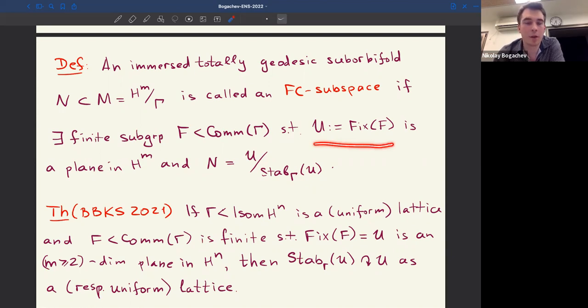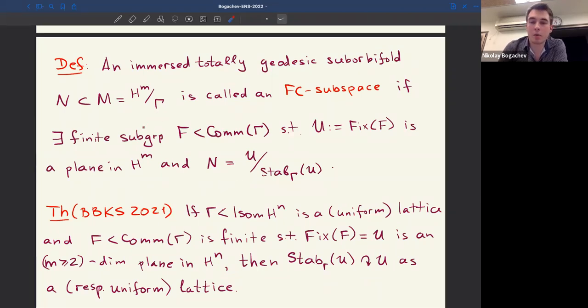It is a plane of any dimension in the hyperbolic space H^m, which corresponds to an ambient manifold or orbifold, and our suborbifold is the quotient of this plane U by the stabilizer of the plane U in the lattice gamma.